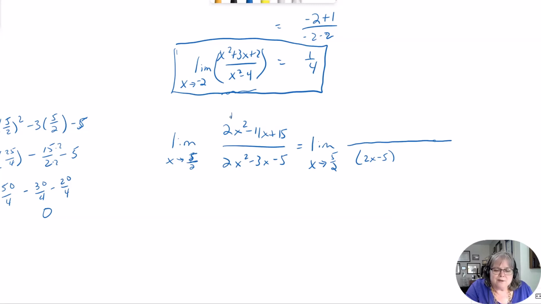These 2x squareds do not cancel because they're joined to the next term with these minuses, and these pluses you can't cancel in between a plus or minus like that because they're not factors, right? So after I factored this, I got 2x minus 5 times x minus 1 and 2x minus 5 times x minus 3.